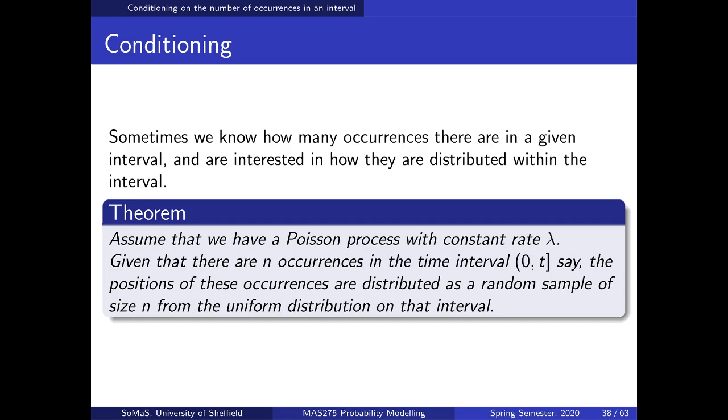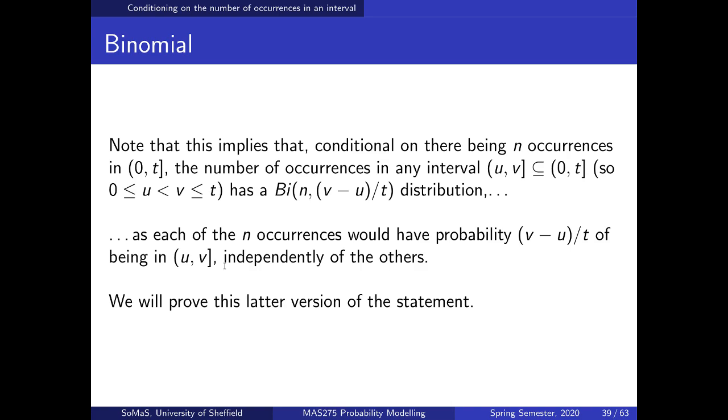Okay, let's give this a shot. Try proving this. The first thing is, what exactly do we mean by having these points distributed as a random sample of uniforms? When there's 1, it's clear. When there's 4, it's a bit less clear. And we're going to interpret this like that.